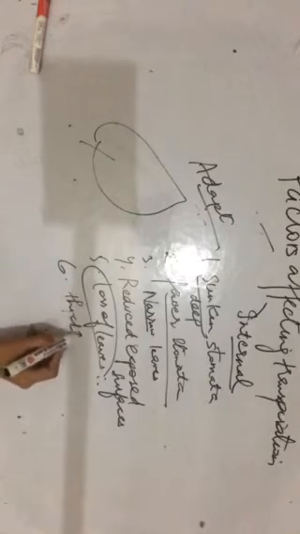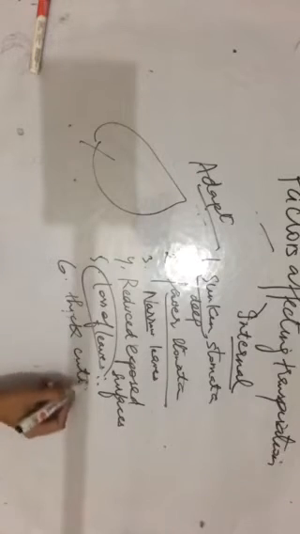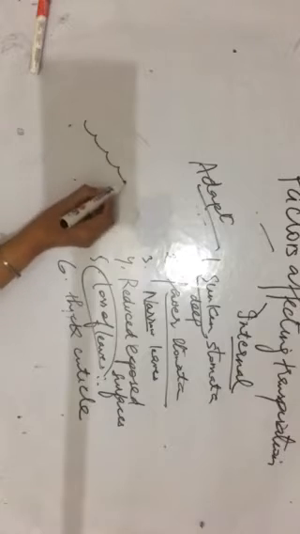Last factor is thick cuticle. In the previous part we talked about the cuticle, the outermost waxy layer which prevents evaporation.